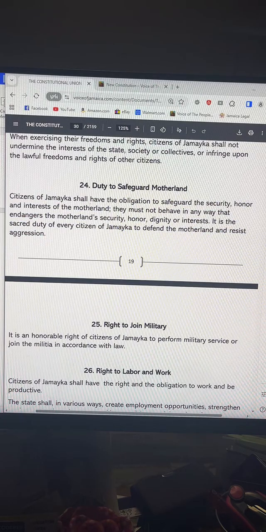And as we go through some of these different rights and provisions within the Constitution, you will see where not only will we have the means to do so, but we would have the courage to properly execute that duty, right?